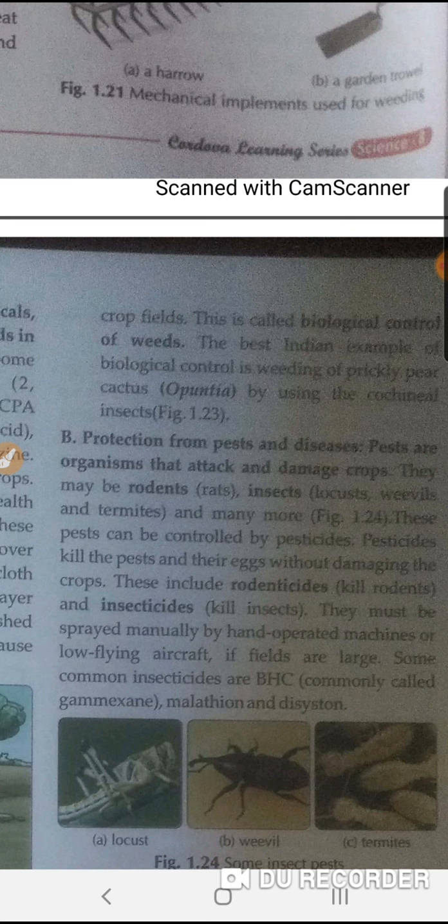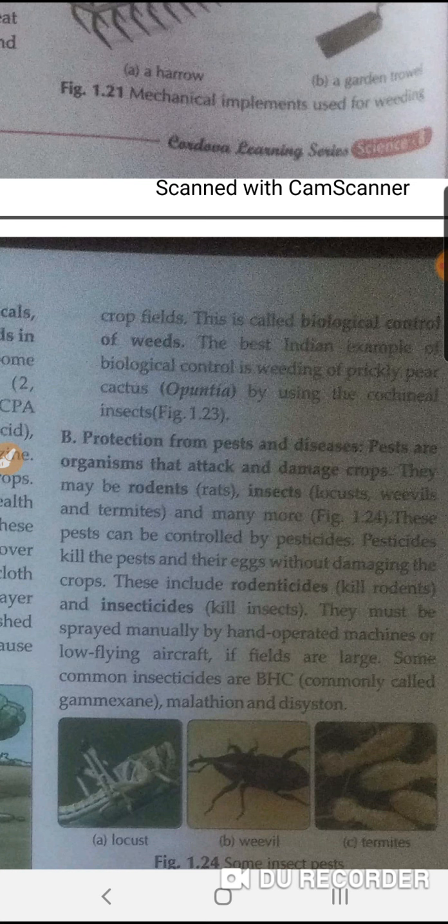The next is protection of our crop from pests and diseases. Pests are organisms that attack and damage crops. What are pests? They are organisms that attack and damage our crops. They may be rodents, insects and many more.